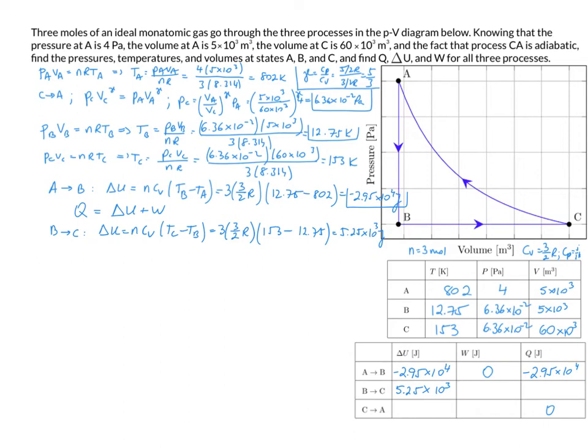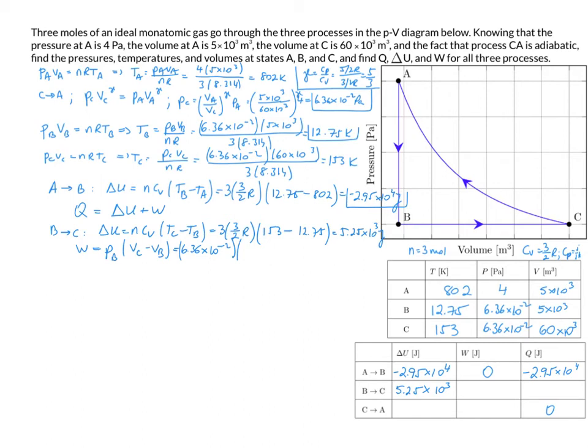Now, work is area under the curve, so that is pressure at B or C times delta V, and that would be Vc minus Vb. So pressure at B is 6.36 times 10 to the negative 2 pascals.